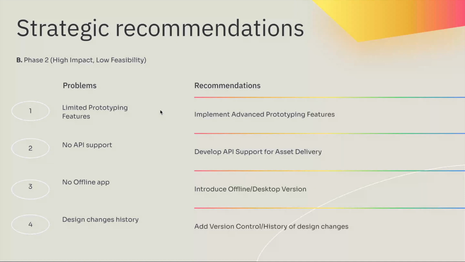Mockup has basic prototyping features compared to Figma. So to compete with Figma, as we are repositioning as an alternative to Figma, Mockup should have advanced prototyping features. Then there is no API support in Mockup.